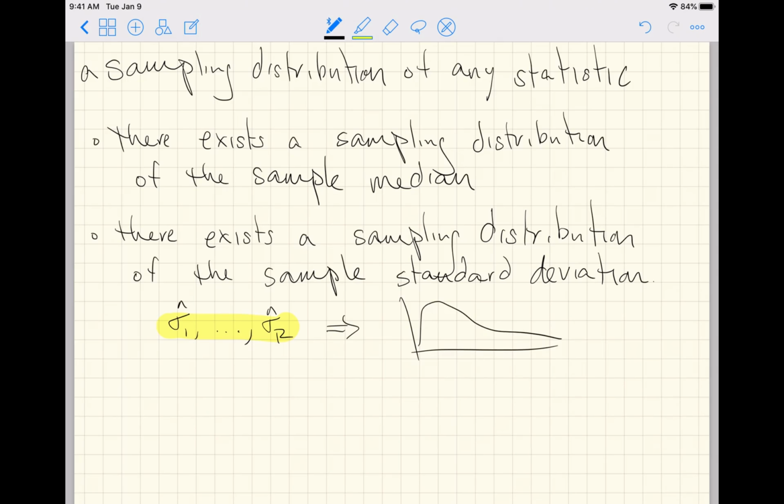I don't really know what shape it's going to be, so I'm going to make it up. The tough part about the sampling distribution is that a sampling distribution exists for every unique population, for every unique statistic, and for every unique sample size. All three of those things define one new sampling distribution.